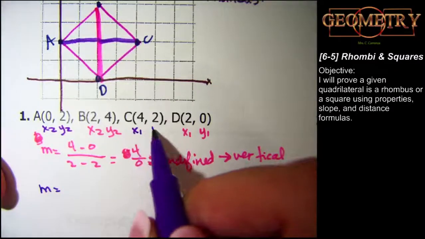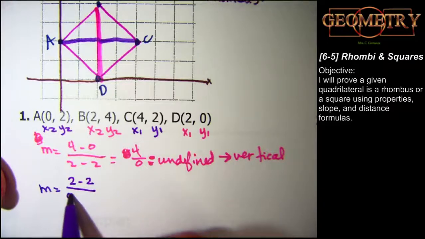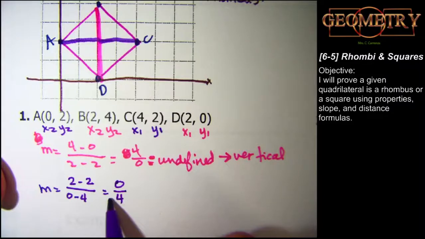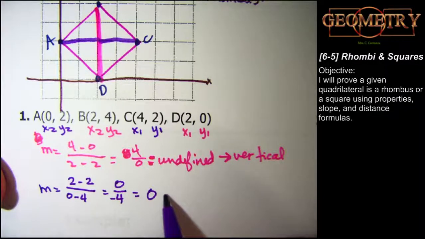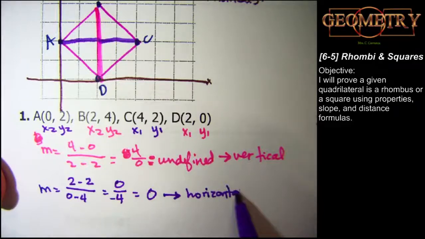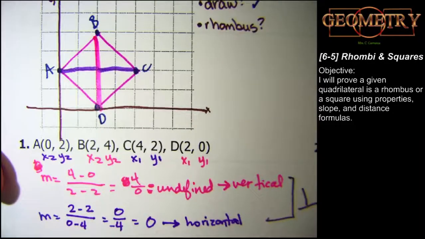Okay, I'm gonna do the same thing to AC, just to confirm. All right, I got a slope of 0, which showed that that was horizontal, which means these two lines are perpendicular, and therefore it's a rhombus.